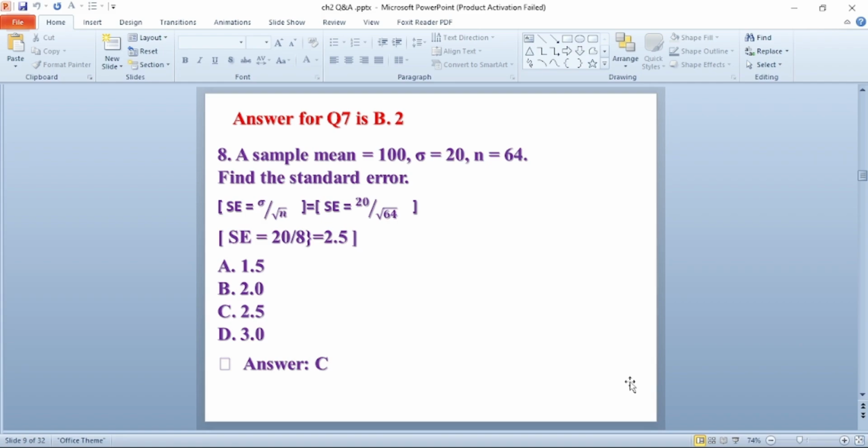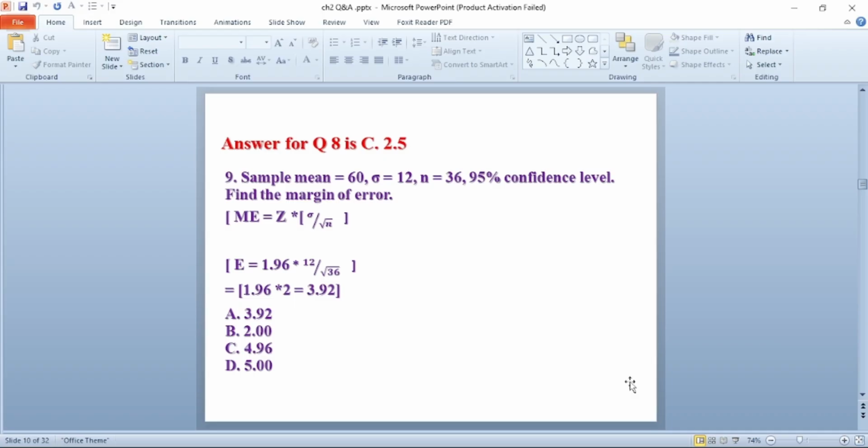C. The sample mean is 60. The standard deviation is 12. The sample size is 36. With 95% confidence level, find the margin of error. The margin of error is equal to the z value multiplied by the standard error.